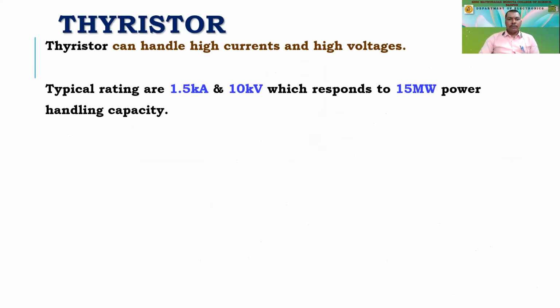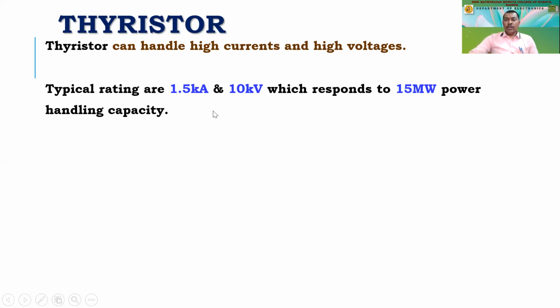Typical ratings are 1.5 kiloamperes and 10 kilovolts, which corresponds to around 15 megawatts of power handling capacity. Remember, we are going to deal with high voltage and high current. Just imagine, the whole appliances of our home require only about 3 amperes of current.